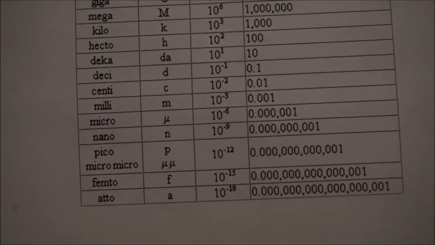So when we're talking about farads, that's a value of capacitance, and it's a very small value. Your typical capacitance values are going to be usually at least in the micro range, and more than likely a lot of them are going to be down in the pico range. If you look at this chart here, the micro is 10 to the negative 6.